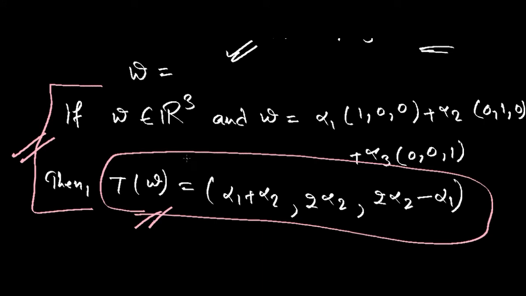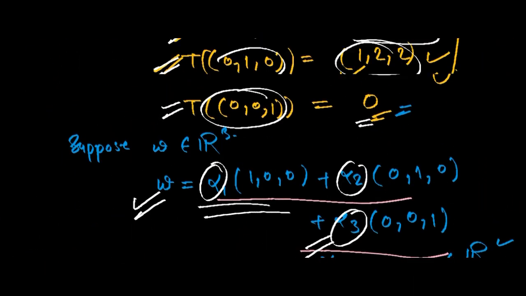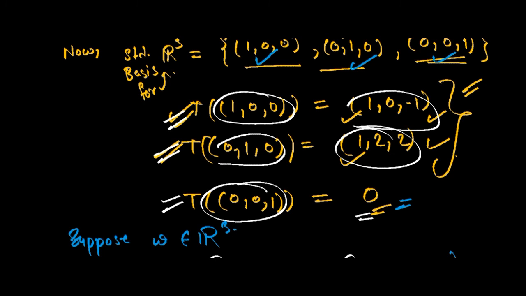Remember that this transformation is not unique. You can get any other transformation also. This transformation basically depends on the assumption that we have taken here. The whole transformation depends on these three assumptions. So if you had taken the transformation of the first vector from the standard basis as the second vector from the basis of the range, then the transformation would have gone different.